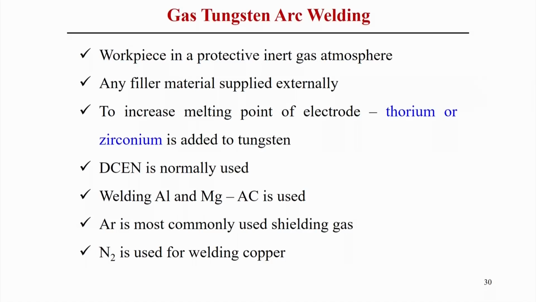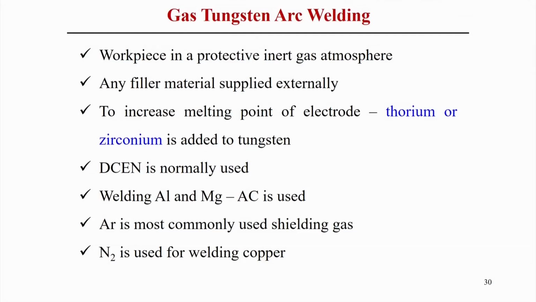Sometimes, to increase the melting point of the electrode, since in this process we use a non-consumable electrode, thorium or zirconium is added to the tungsten, which is helpful to retain high hardness even at very high temperature.